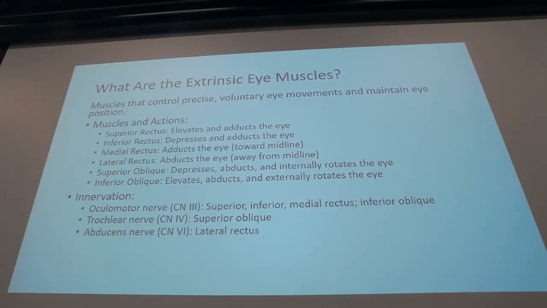And then for innervation, we have 3 cranial nerves that innervate the extrinsic eye muscles. Most of them are innervated by cranial nerve number 3. Cranial nerve number 3 is oculomotor.